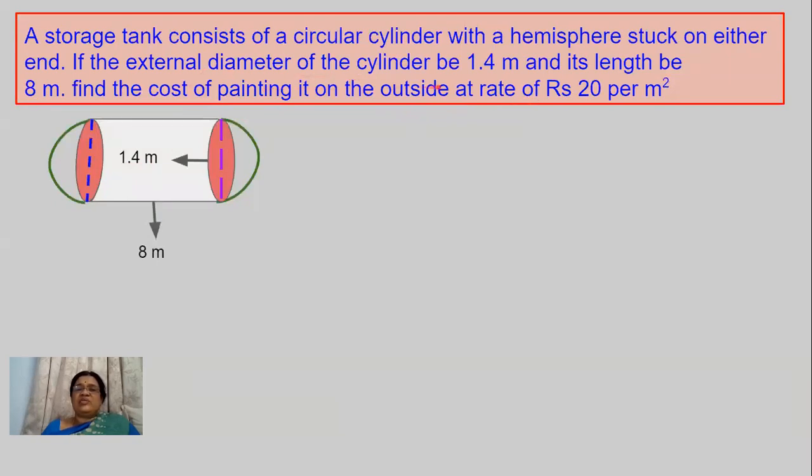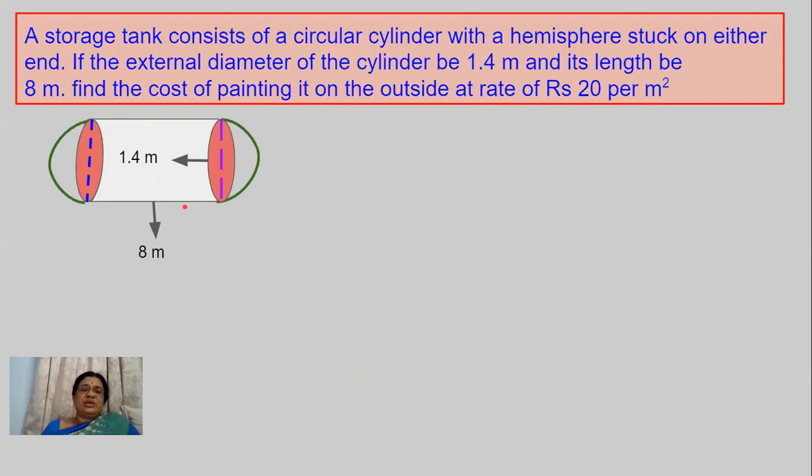The diameter is given, 1.4 meters, and the length of the storage tank is also given, 8 meters. So you have to find the cost of paint required to paint this newly formed object at the rate of 20 rupees for 1 square meter.